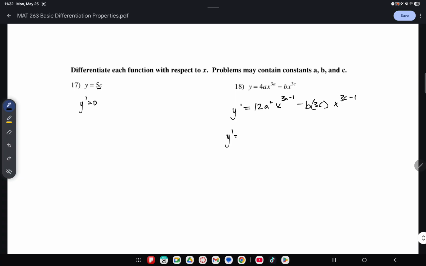I'd probably clean it up just a little bit to say, all right, 12a squared x to the 3a minus 1. I'd clean that chunk up here and make that a 3bc x to the 3c minus 1. And then maybe I'd put that in parentheses just to tell myself, all right, that 3bc is out front.